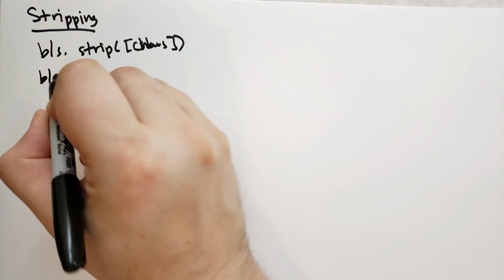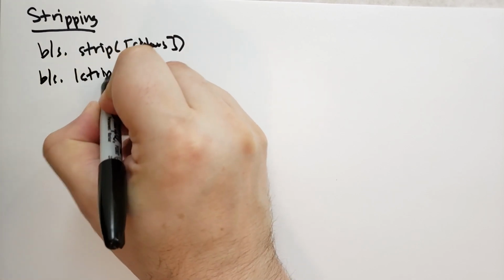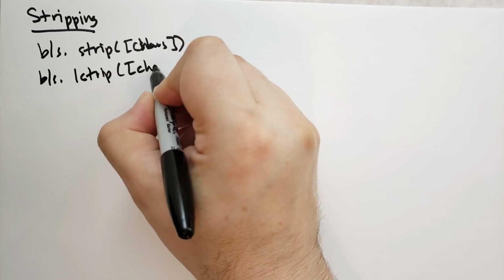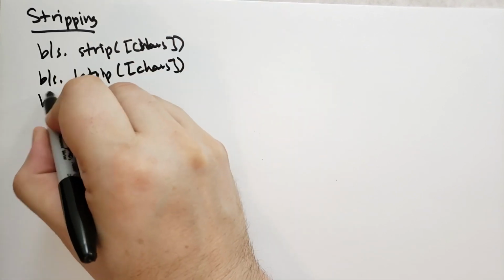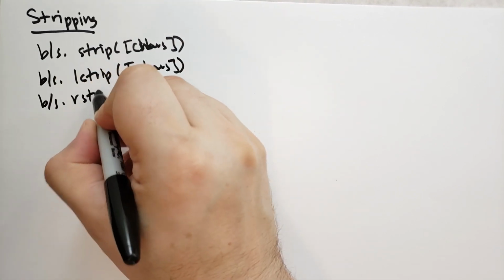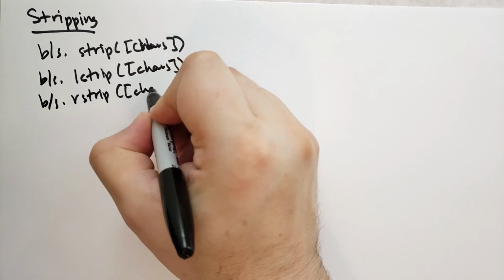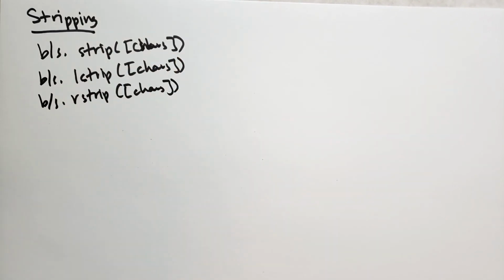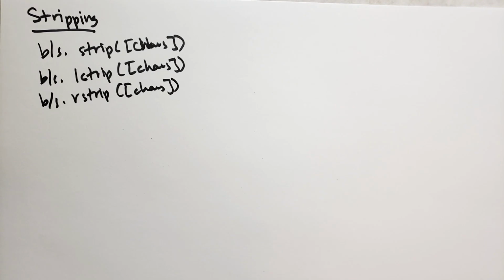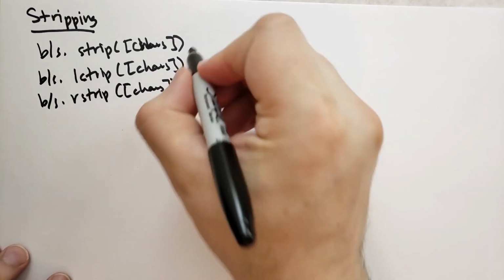And there's also lstrip and rstrip. lstrip strips only from the left, and rstrip only strips from the right. You should always use strip on user input. Always, always, always. This one right here.